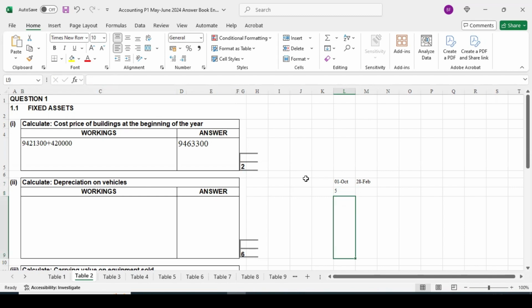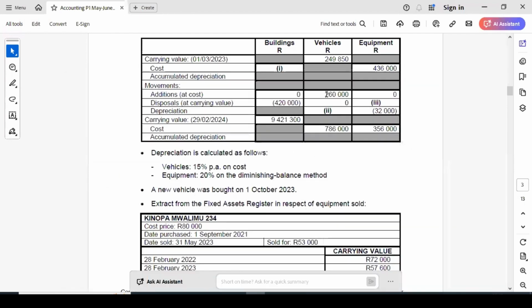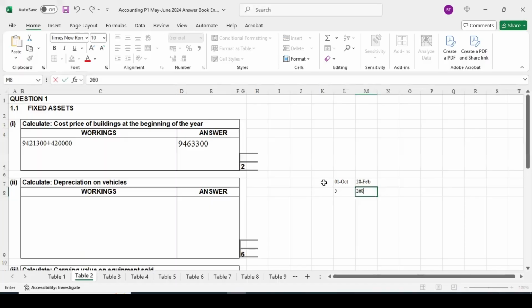So now we're going to take the amount of the vehicle, which is here on the additions at cost. It's 260,000 rands times 5/12. That's 5 months over our 12-month financial period, so the vehicle only had 5 months in our current financial year.